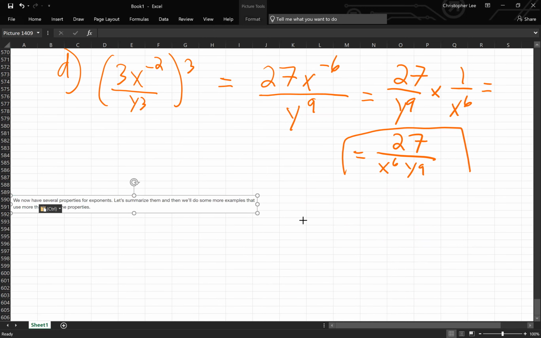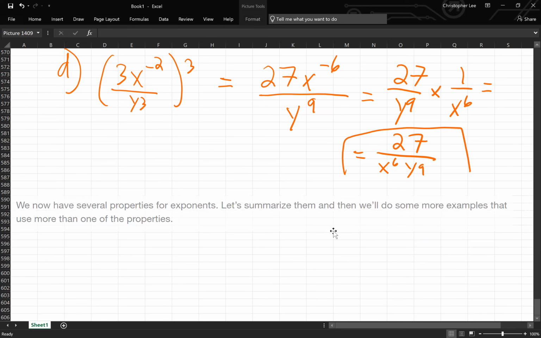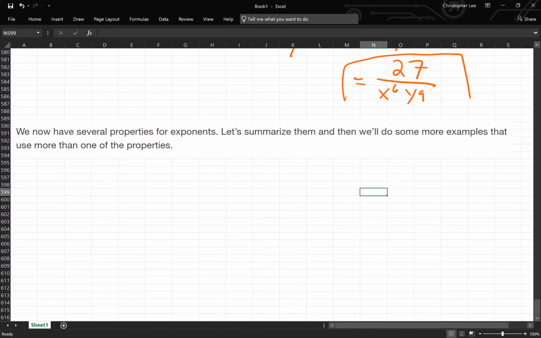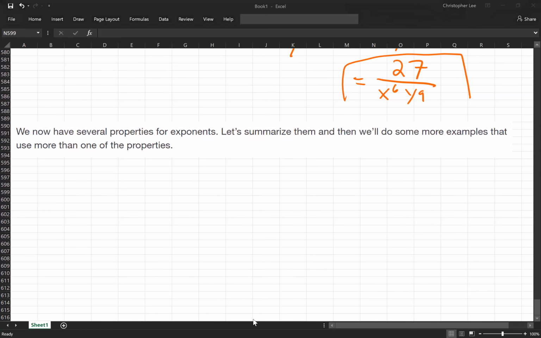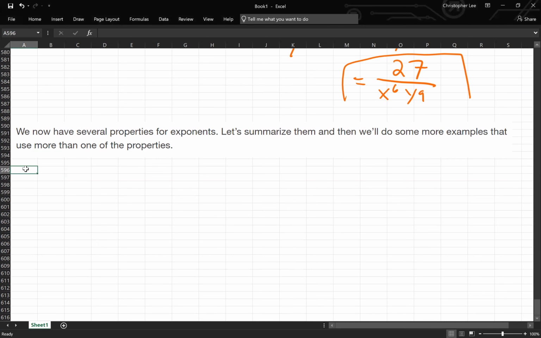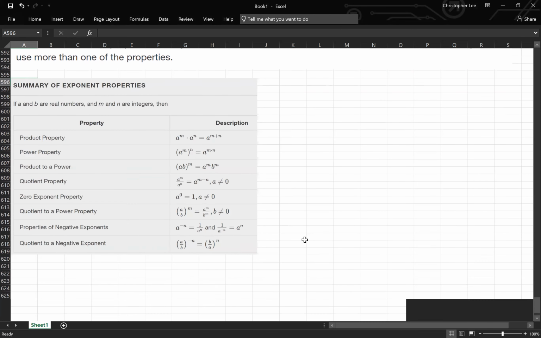So we now have several properties of exponents. Let's summarize them and then we will do some more examples which use more than one of the properties. All right. So this is that part of the class where you might want to take a picture, write it down.